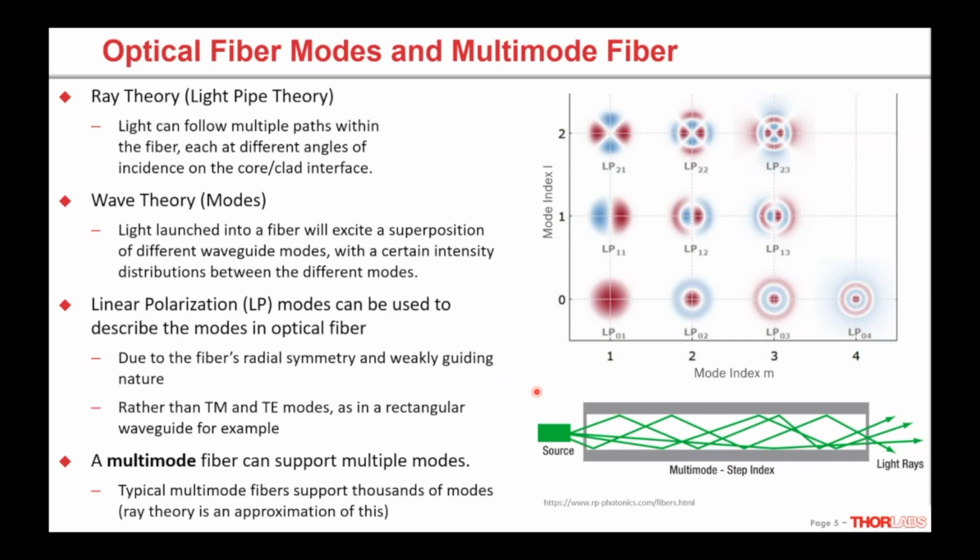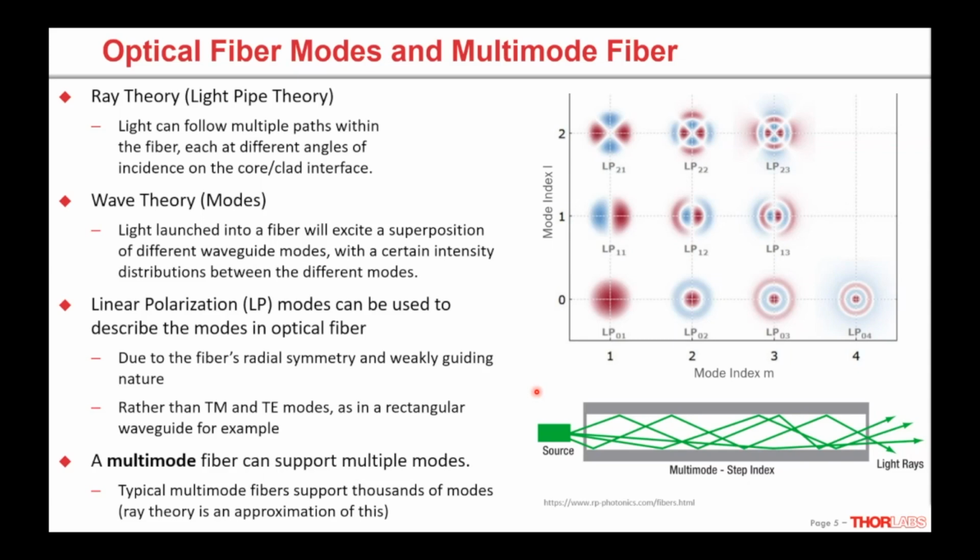The modes, what are they? So for fibers, we can describe the modes as linear polarization modes, or LP modes. We can use these modes because of the fiber's radial symmetry that I mentioned, and also because it's a weakly guiding waveguide. And these are a bit simpler to think about than, for instance, in a rectangular waveguide where we have to think about TM and TE modes. Because the fiber is cylindrical, we don't need to do that.